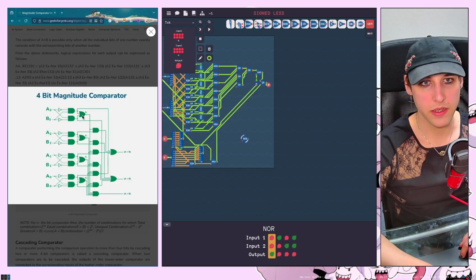So we would still be able to use the NOR gate. And this is true for all these NOR gates which determine equality. And they all have to light up. Because this way we can determine if they are equal.